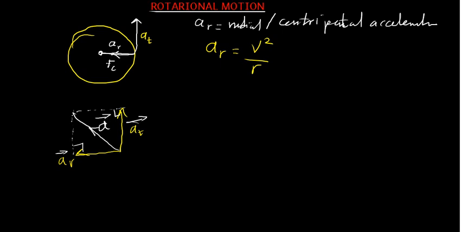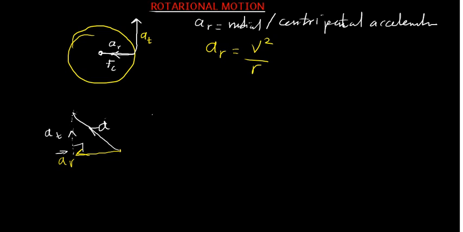If this is a_t, this one is also going to be a_t, because it is pointed up. So I can remove this portion on top.